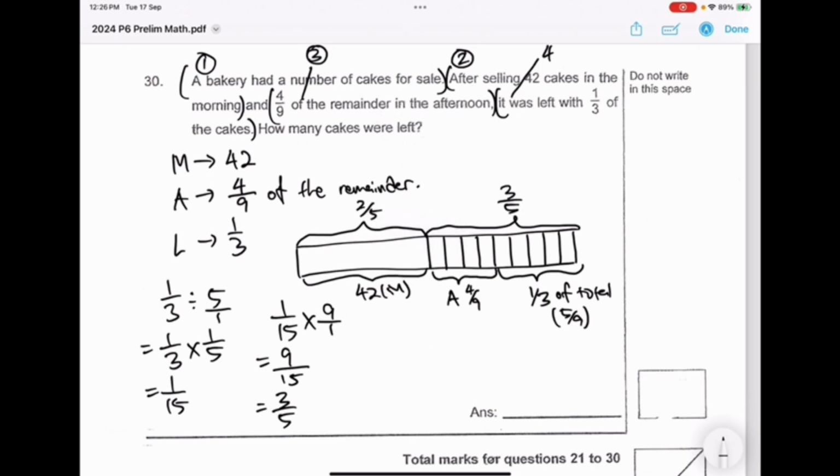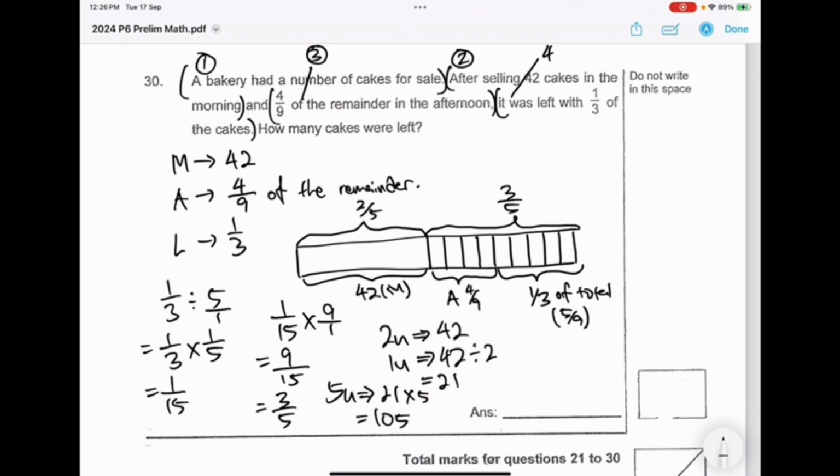Alright, knowing that 2 units equals 42, I want to find my Mr. Green Man, which is 1 unit, which is just 42 divided by 2, and that will give me 21. Now what I want to do is find the total, which is 5 units, and that would give me 21 times 5, which is 105.